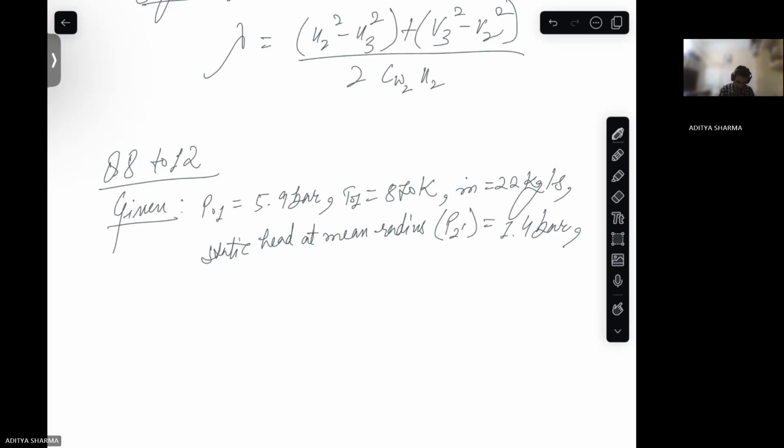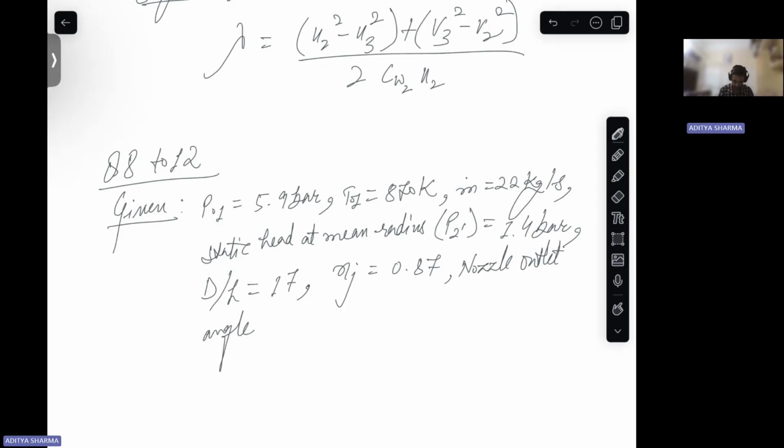What else? D by H is given as 17. Your nozzle efficiency is given as this. Nozzle outlet angle is given as 56 degrees.